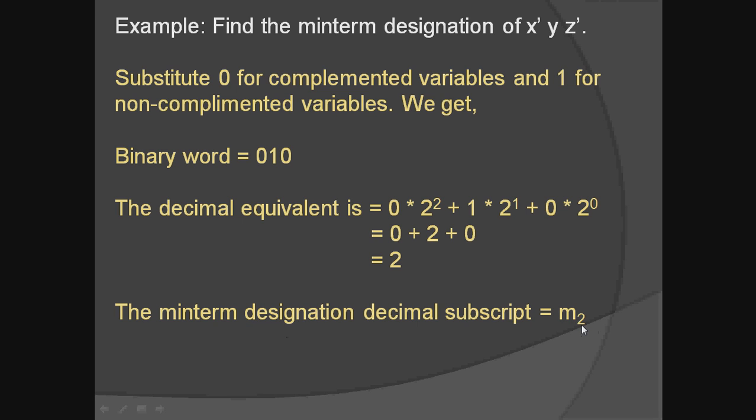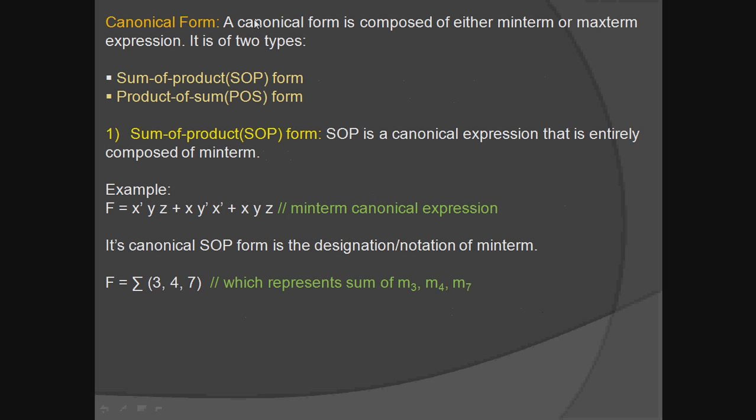So the number represents the decimal equivalent. Okay, so this is how we find the subscript of the mean term designation using the shorthand notation. Clear? So this is also one of the easy methods, and another easy method is using the truth table, right? Now canonical form.